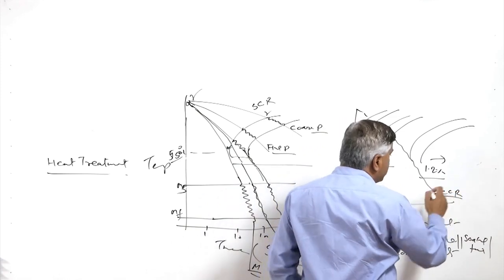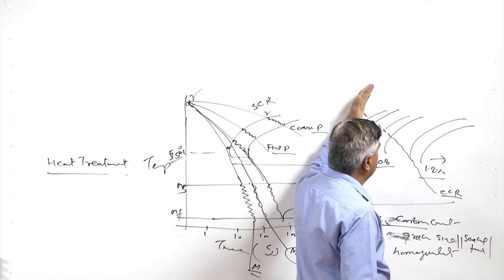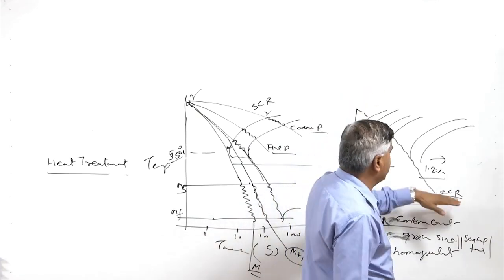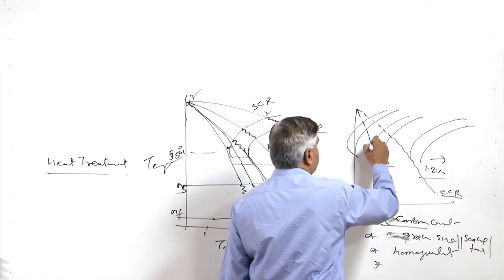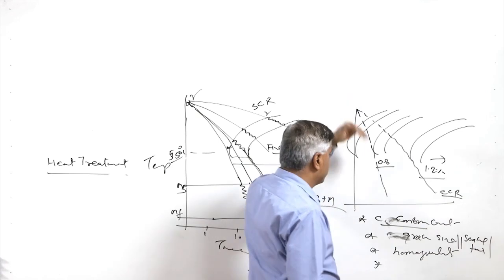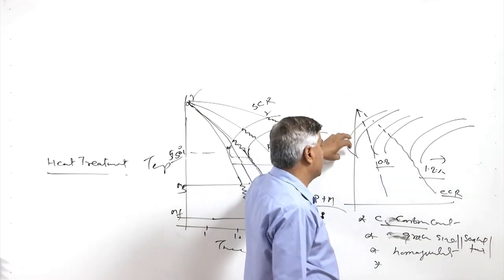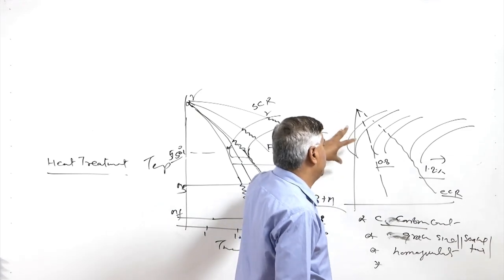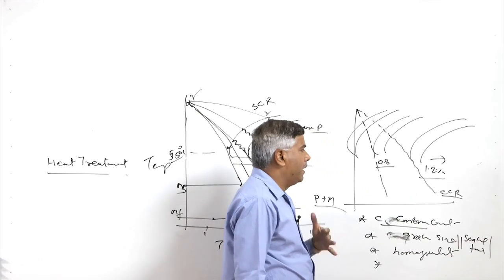So, transformation of austenite into martensite will be easier even using a lower cooling rate. Transformation of austenite to martensite may not be possible in very low carbon steels. Hypoeutectoid steel, even if martensite is formed, will be of very low hardness.